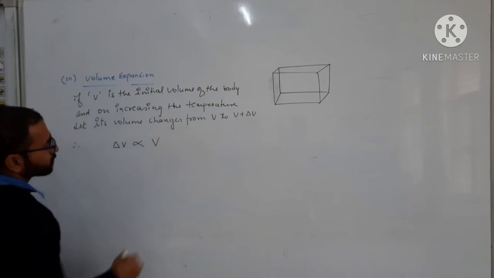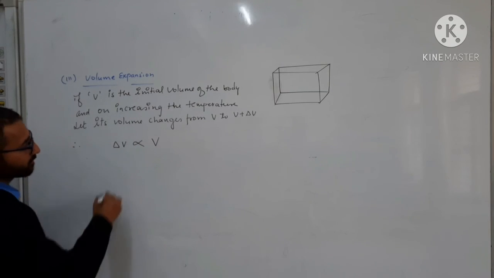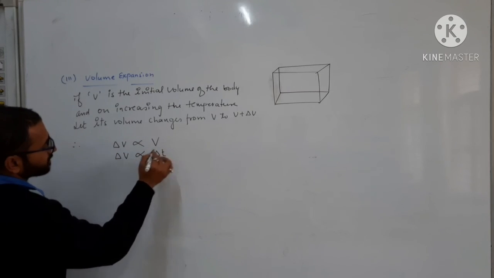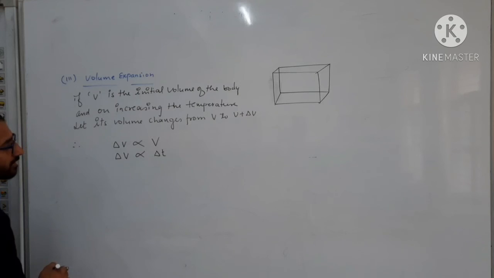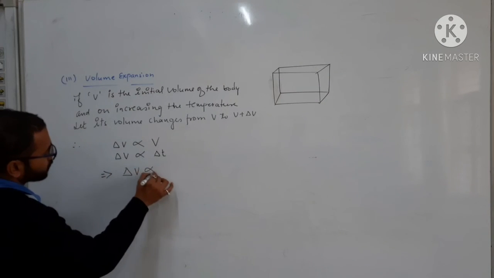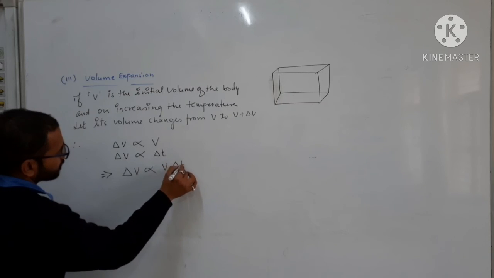First, it is directly proportional to the initial volume of the body. Second, directly proportional to the change in temperature, as in the previous conditions we have done. So from these two, we will write delta V proportional to V into delta T.